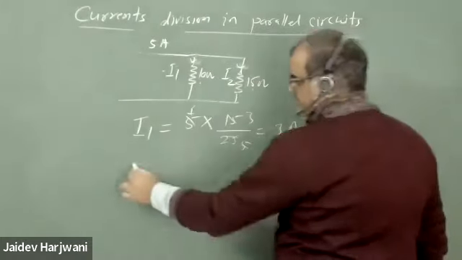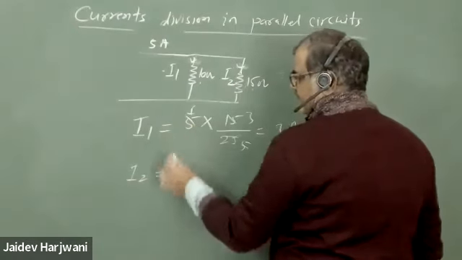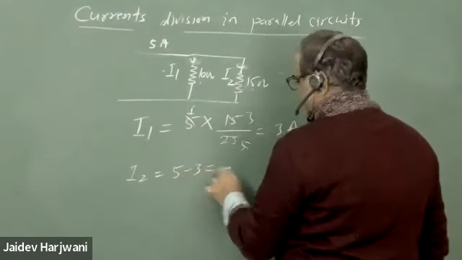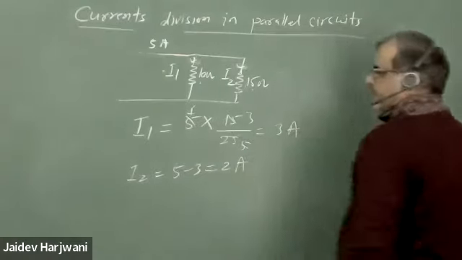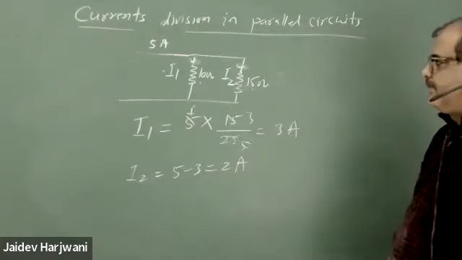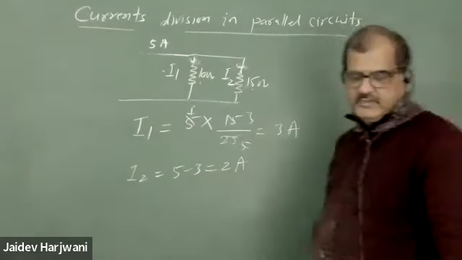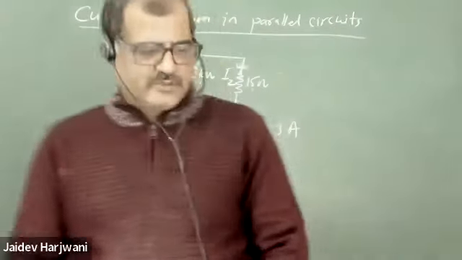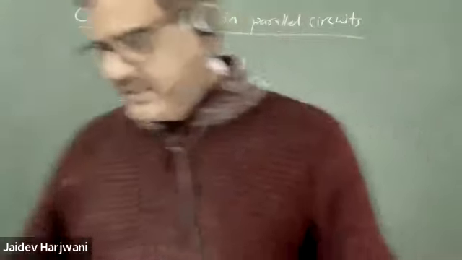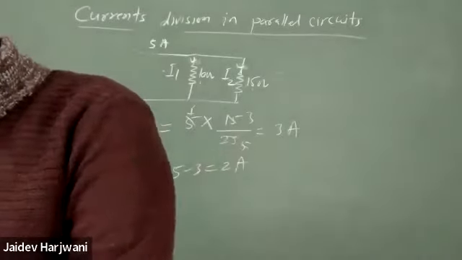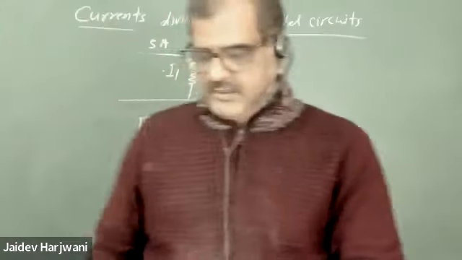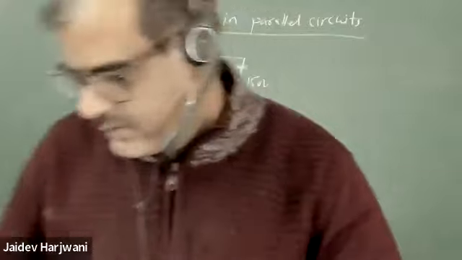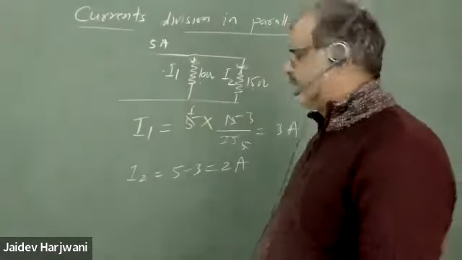The remaining current I2 will be 5 minus 3, which equals 2 ampere. Now if you want, you can apply the formula, but since there are only two branches, you can find the current in one branch and calculate the remaining by subtracting this current from the total current.